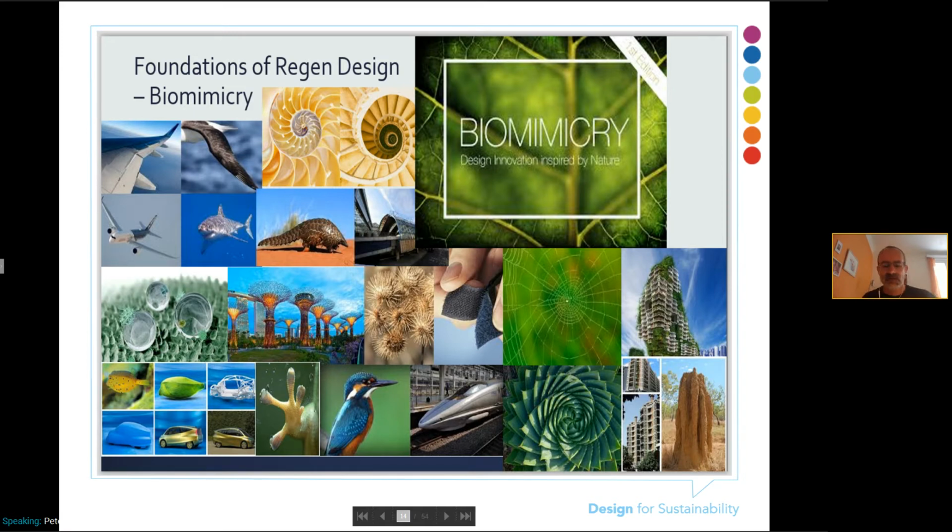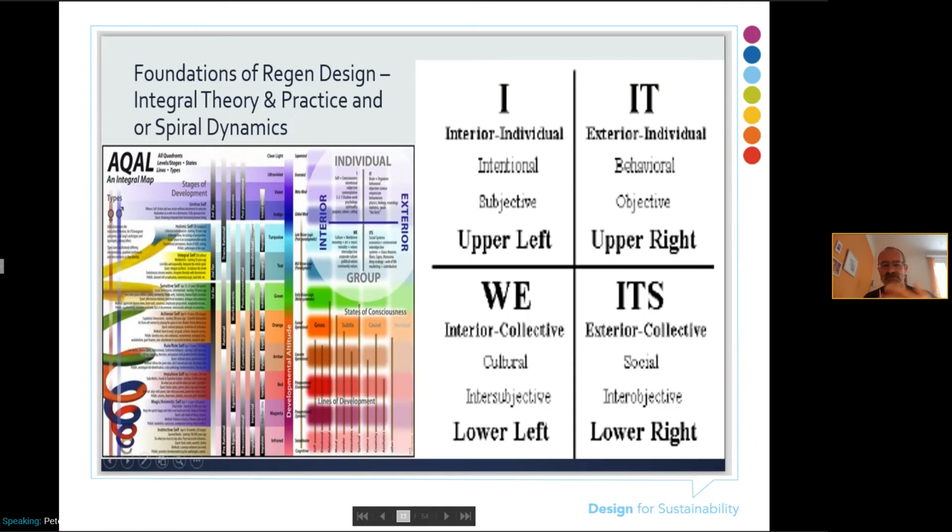Biomimicry, using nature's design examples for our human problems in many different ways. And not least, regenerative design also uses more human developmental or consciousness evolution approaches, integral theory, practice, and spiral dynamics as well.